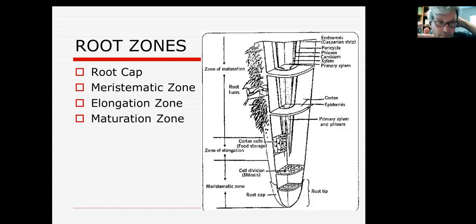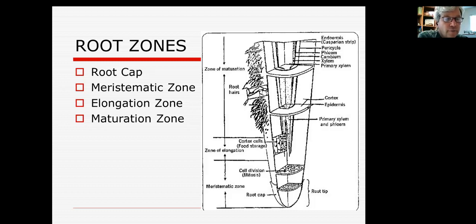Some of them become the xylem and the phloem, which are the vascular system that moves water and nutrients up and carbohydrates down. Some of them may be epidermal cells on the outside edge. Some of them form root hairs on the epidermis, so that they can absorb more water. So they're getting specialization there as they move further up this, as they are older.